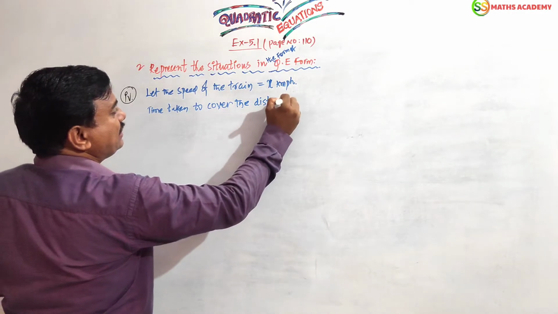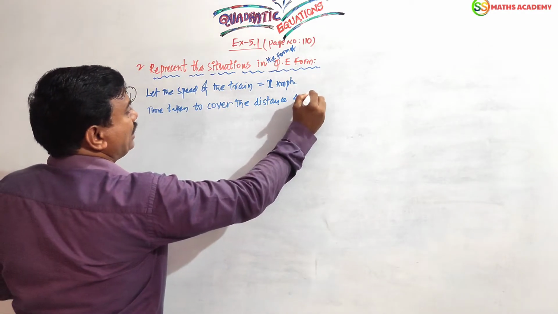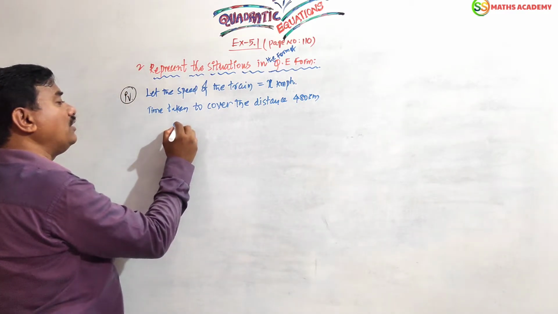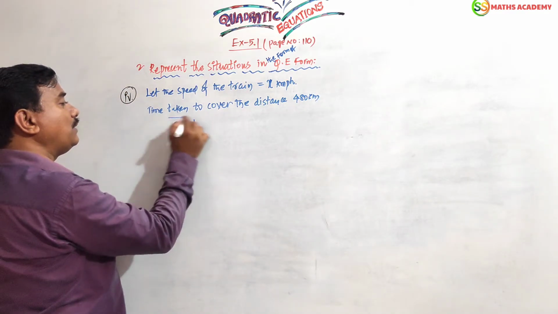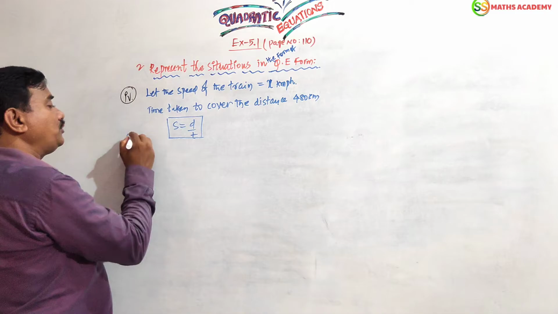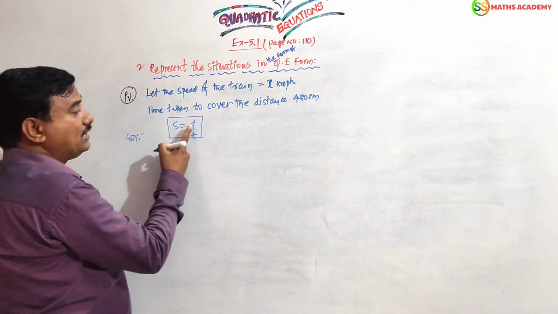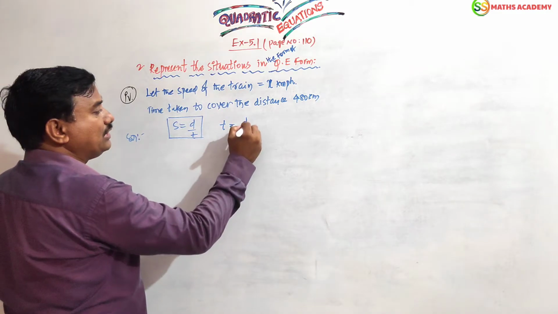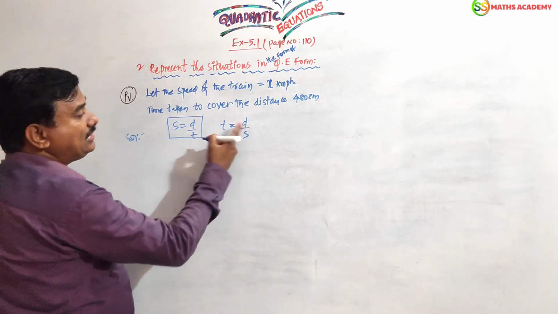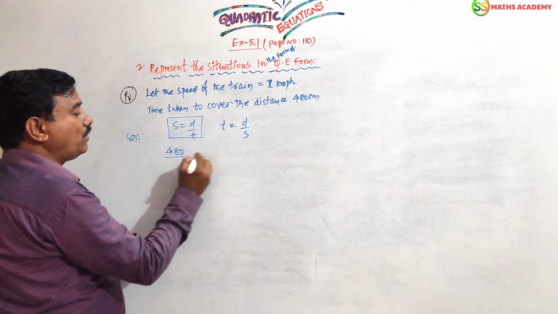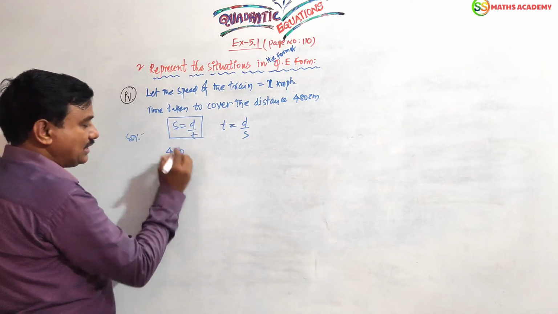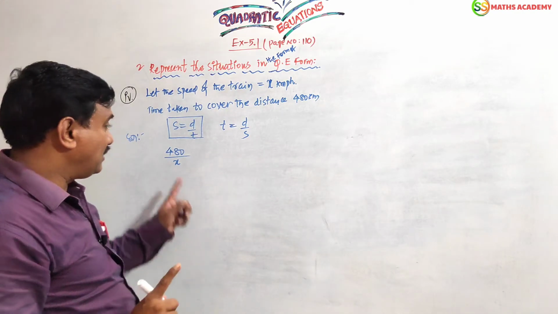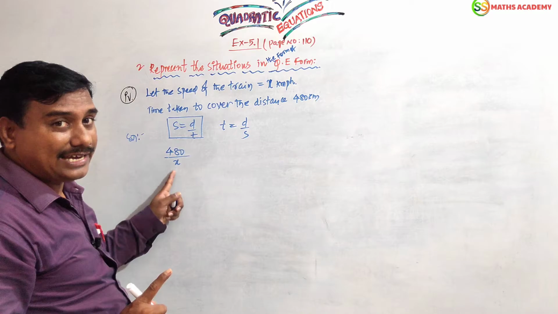What is the distance given in the question? 480 kilometers. As you know very well, speed is equal to distance by time. Here speed is not given, distance is given, so time t is equal to d by s. The distance is 480 and the speed is x. In situation 1, the time will be 480 by x.